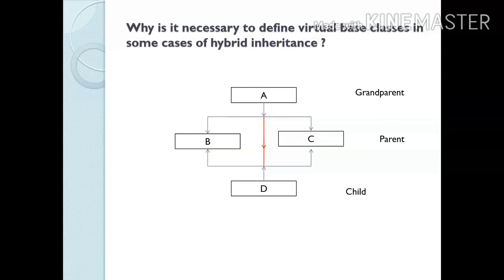As you can see in the figure, classes B and C are derived from class A, and class D is derived from classes B and C. So class D can inherit members of class A by two paths.